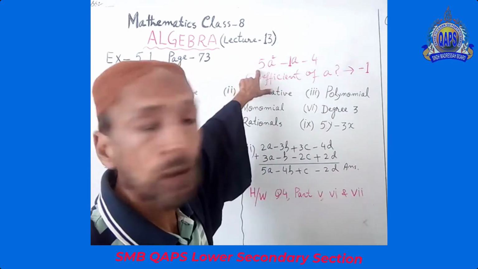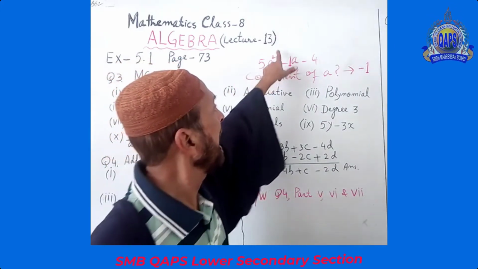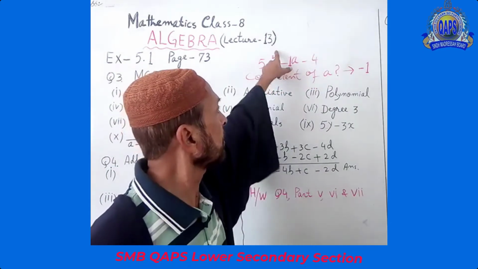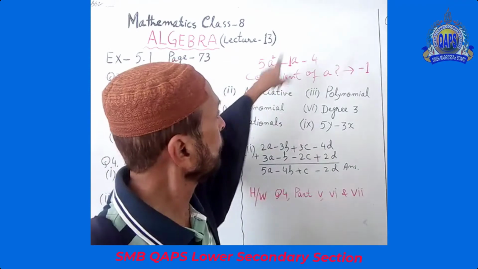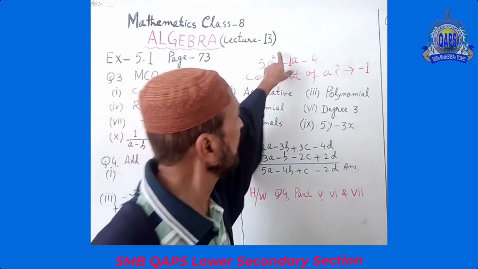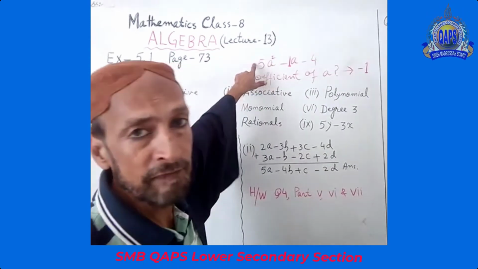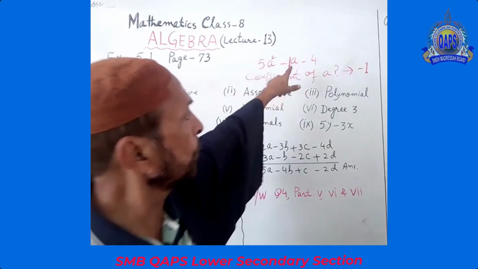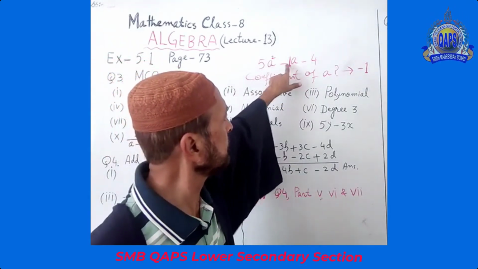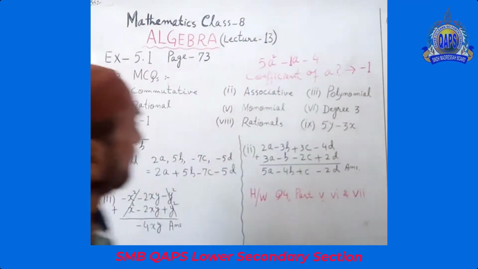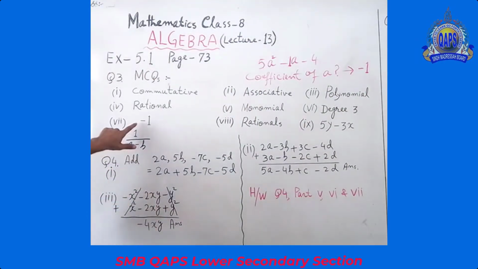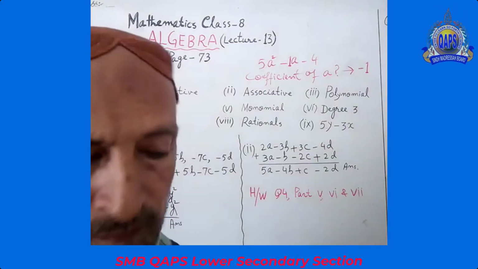This thing is called coefficient, and that is called power. So the coefficient of a square is 5, but the coefficient of a is minus 1. So the answer is minus 1.